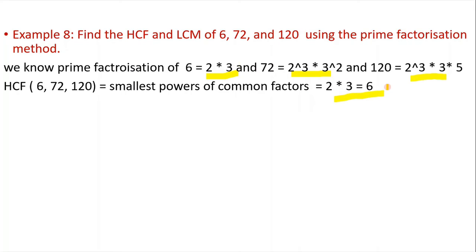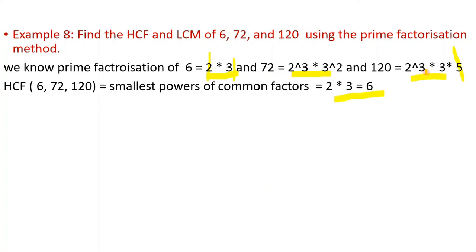Okay. Now, if you find the LCM for the given numbers 6, 72 and 120, what do we have to do? We have to see what prime factors are involved in all the three numbers. We can clearly see that 2, 3 and 5 are the three prime factors involved among the numbers 6, 72 and 120.